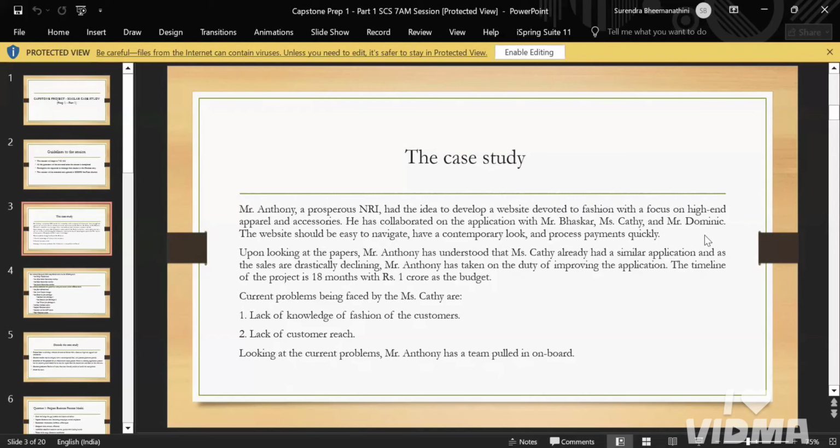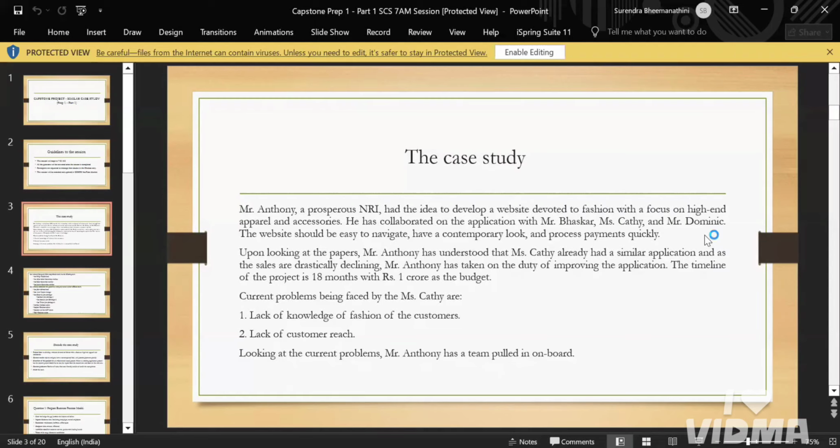Mr. Anthony has taken on the duty of improving the application. The timeline of the project is 18 months with rupees 1 crore as the budget. Already Miss Kathy has this website, right? So Mr. Anthony wants to take that duty of improving the application, with around 18 months and 1 crore of budget.